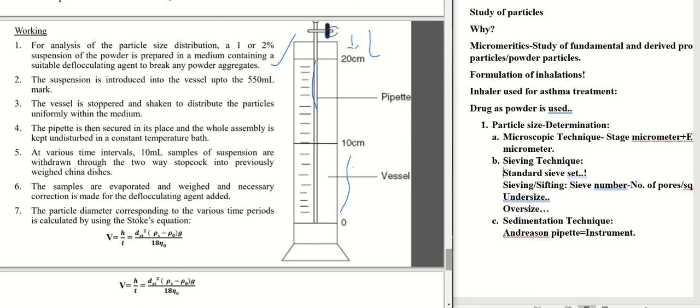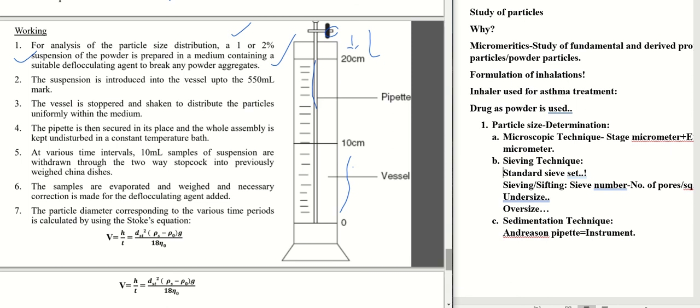Just like in our optical microscopic technique, we will be making use of the sample in the form of suspension. The given powder sample is made into a suspension like 1% or 2%. If you are given a powder sample, take 1 gram in 100 ml of some medium in which the powder should be insoluble, and we need to add a deflocculating agent.